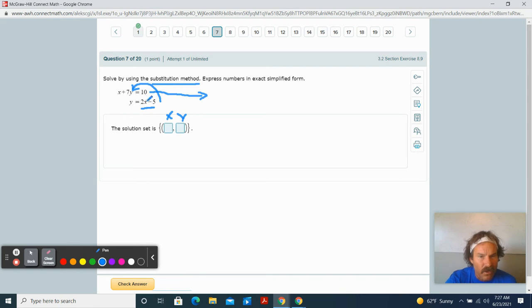We're going to substitute 2x minus 5 in for this y in that top equation. So I'm going to rewrite that top equation: x plus 7 times, notice I'm using parentheses because I have to multiply the 7 times the 2x minus 5, so I want to put that 2x minus 5 in parentheses. And that equals 10.